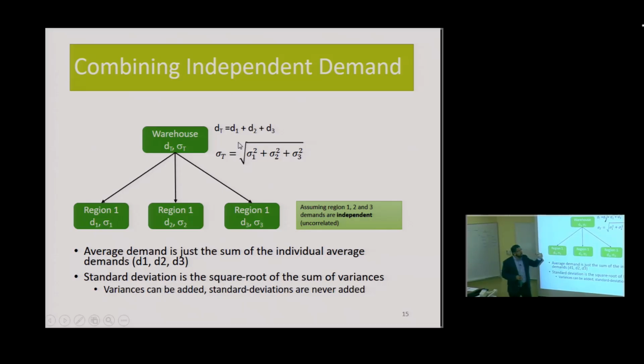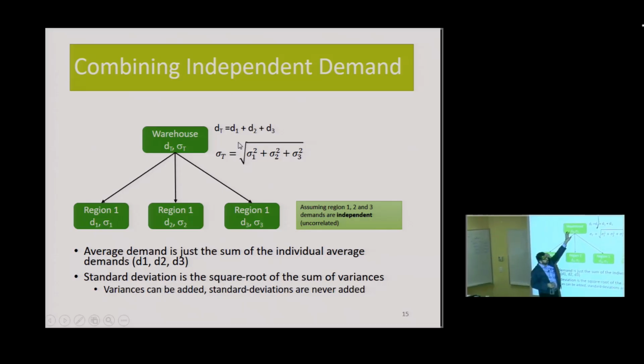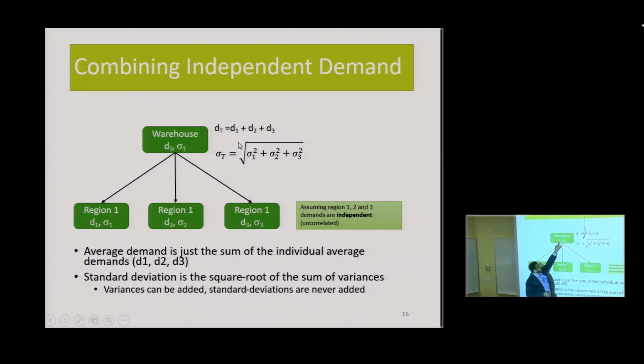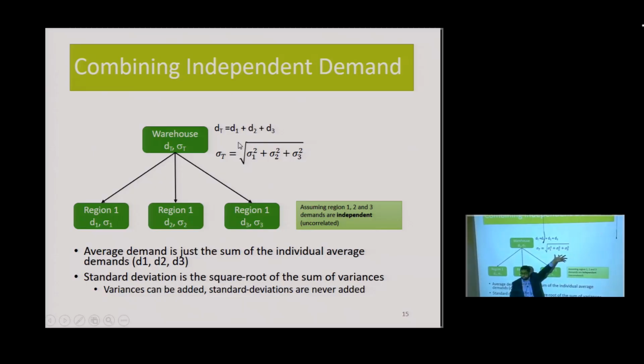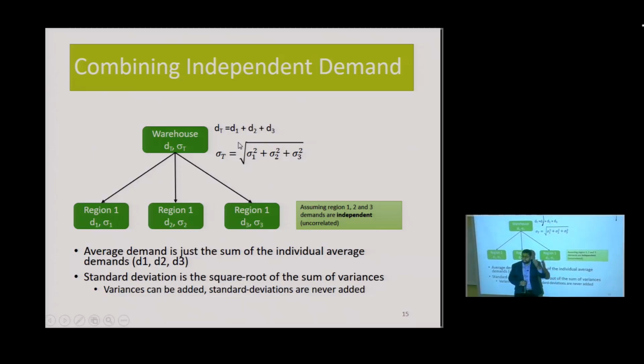Okay? When I have 1 warehouse supplying to 3 regions, the demand this warehouse will see will just be the sum of the individual demands, D1 plus D2 plus D3, right? Region 1 sells 10 units, region 2 sells 20, region 3 sells 10, 10 plus 20 plus 10, you'll satisfy 40 units on average. So the average demand just adds up.